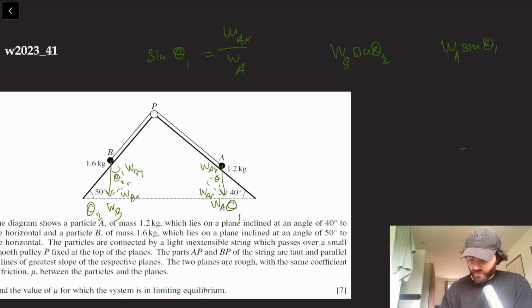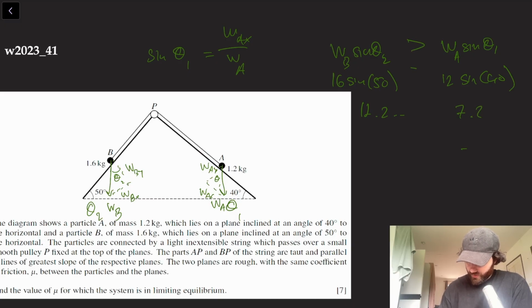So we want to see which is bigger, because that will tell us which way this incline pulley system is accelerating. If we plug those into our calculator, this would be 16 sine 50, and this would be 12 sine 40. 16 sine 50 is about 12.2, and 12 sine 40 is about 7.7.